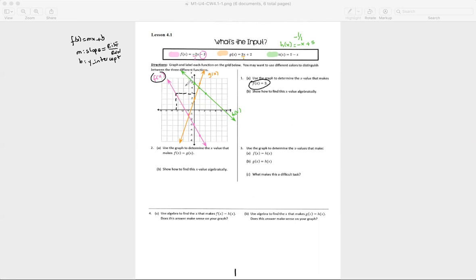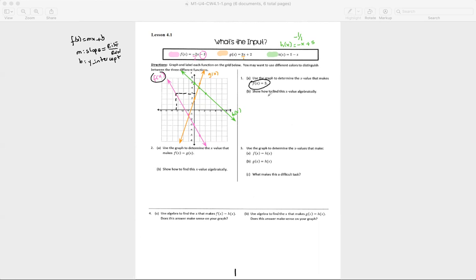Now, that's how it's done graphically, and I'm not sure how accurate my graph is. It looks like it's negative 3 point something. It could be negative 3, because my graph is not very accurate. But let's see, and then we can confirm.